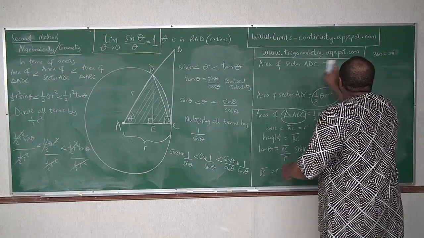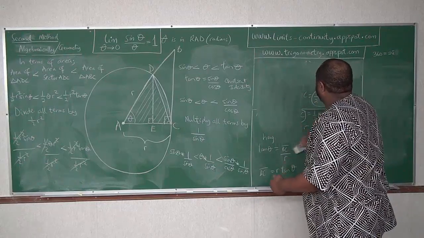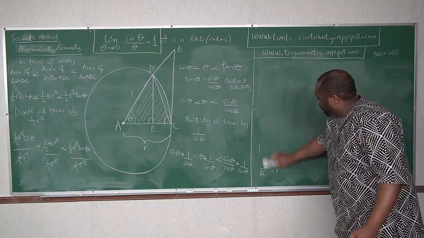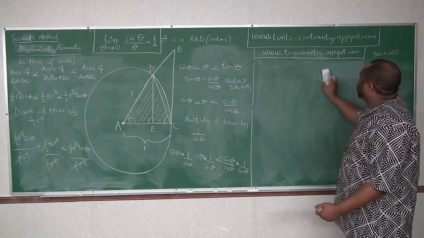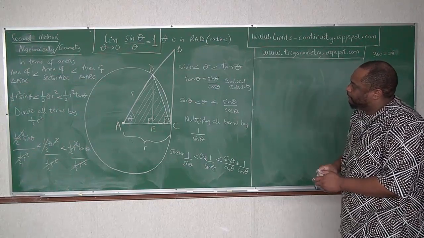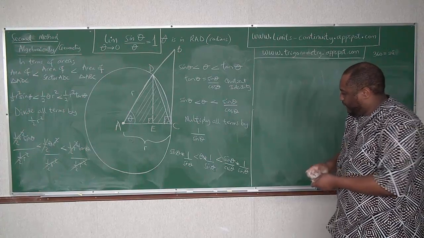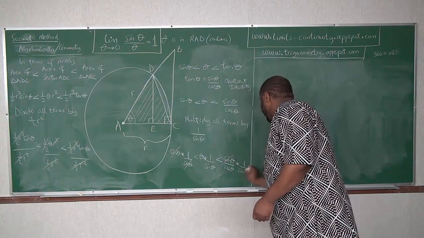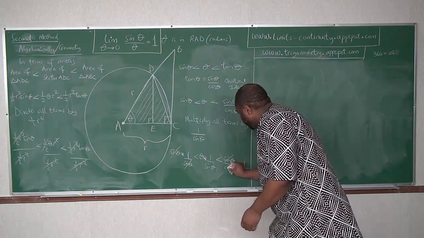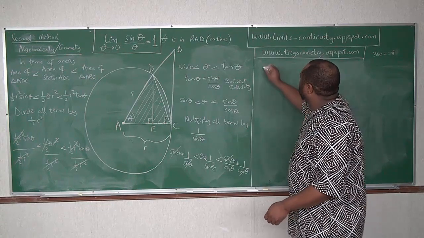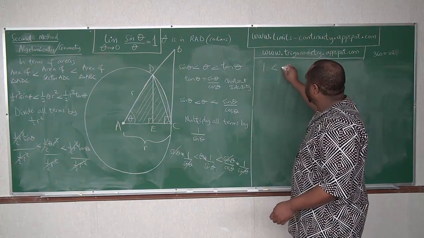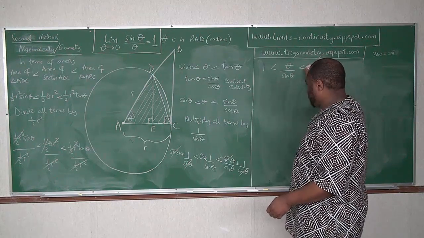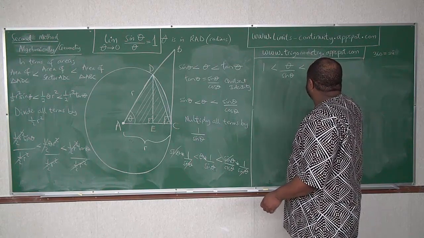So let me erase this here. Now I cancel this. So I have that 1 is less than theta over sine theta, and that is less than 1 over cos theta.